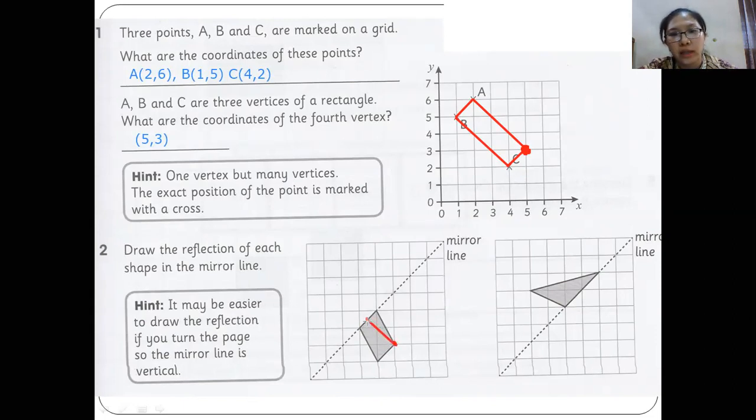So that's why the reflection must also be a half plus one diagonal box. So it should be reflected here, this one. However, this point is on the mirror line, so it will be reflected the same.